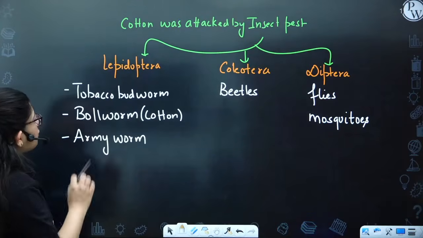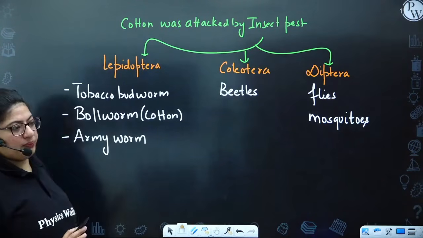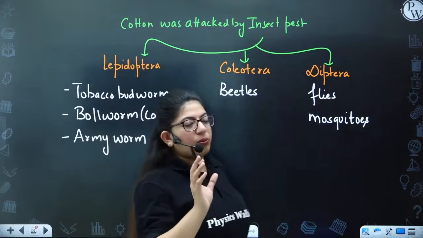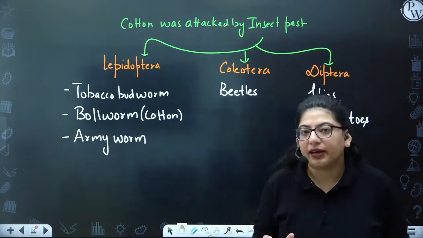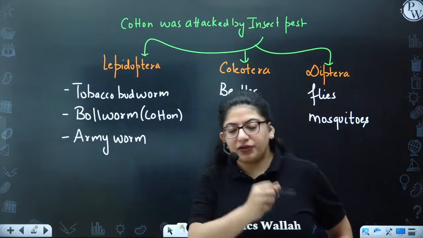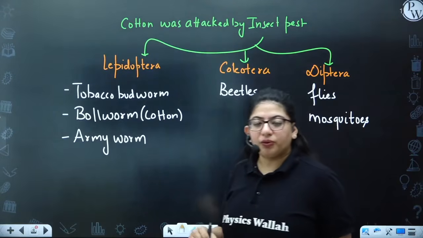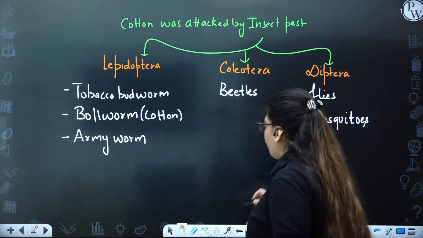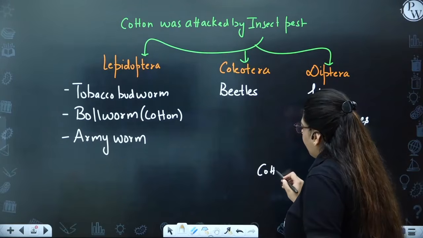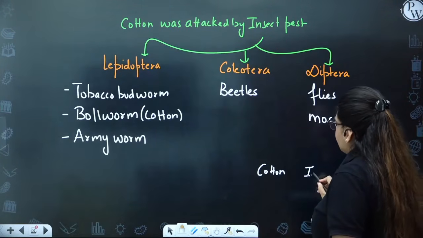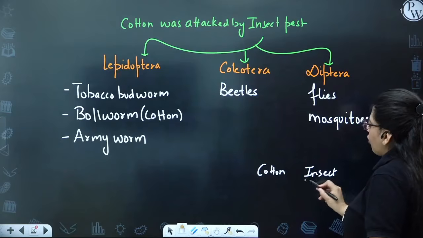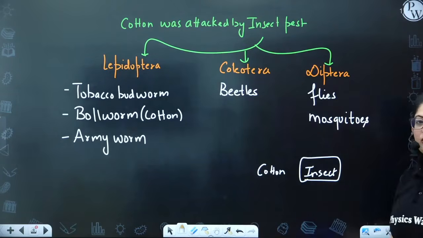Okay, so now you have got to know the problem. The problem is that the cotton is attacked by the insect worms, the larvae of the worm. Now what next? What can you do? When you have your friend cotton and the enemy is the insect, if you want to destroy your enemy, say this is you, you are cotton.